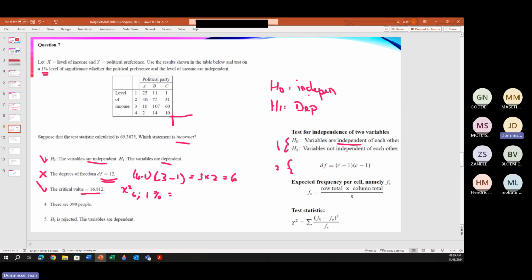On my calculator: 23 plus 11 plus 1 plus 40 plus 75 plus 51 plus 16 plus 107 plus 60 plus 2 plus 14 plus 10. Okay, so then I get 390.